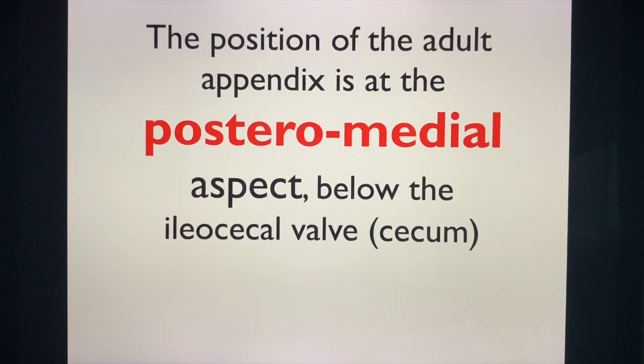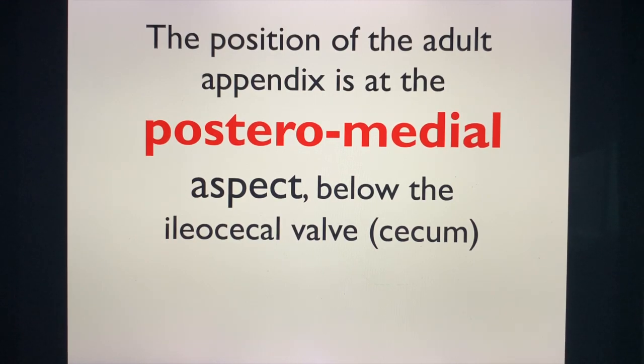Now, another anatomical pearl which I want everyone to remember. The position of the adult appendix is found in the posteromedial aspect of the cecum. So the position of the adult appendix is at the posteromedial wall below the ileocecal valve or the cecum.